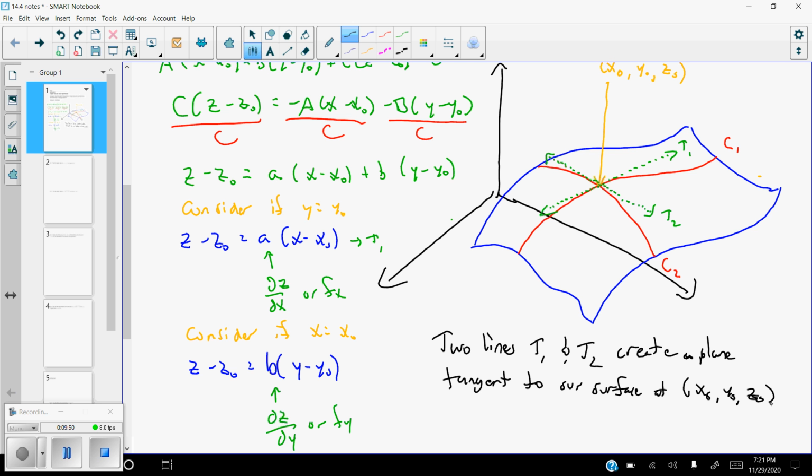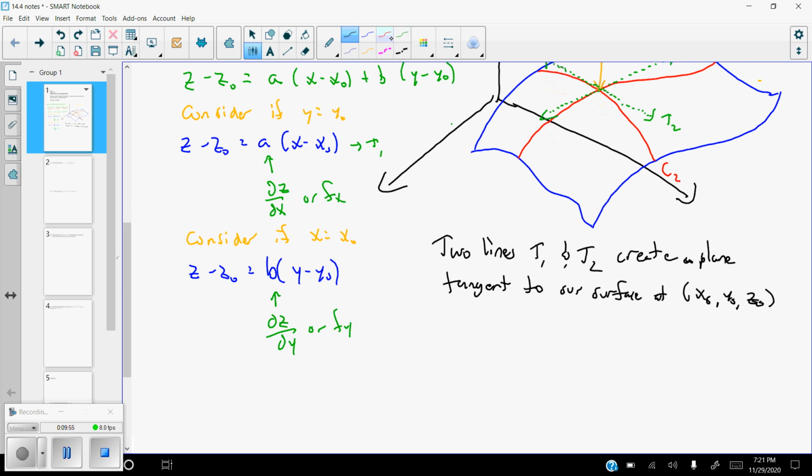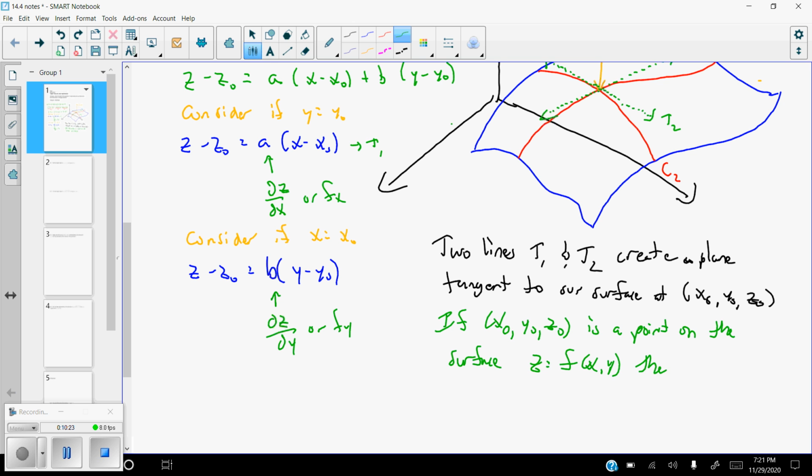And we can then say if x naught, y naught, z naught is a point on the surface which is defined as z equals some function of x and y, then this is our formula.